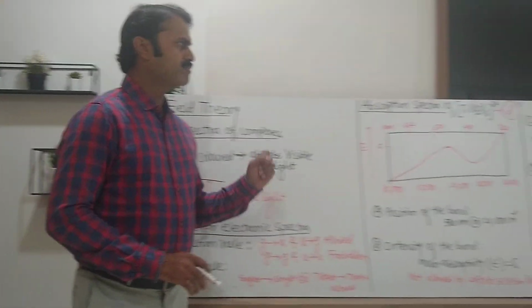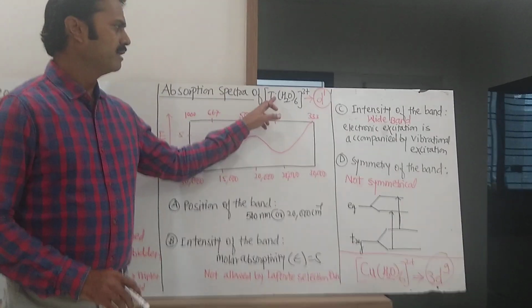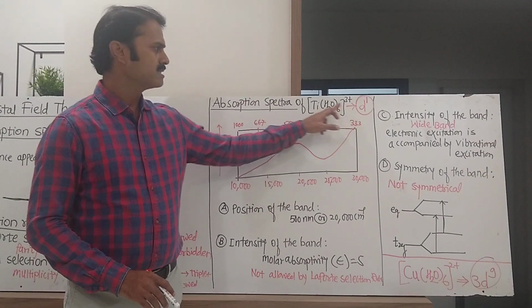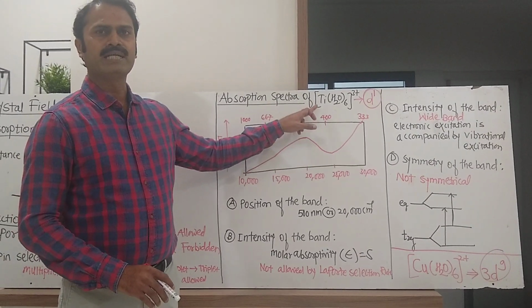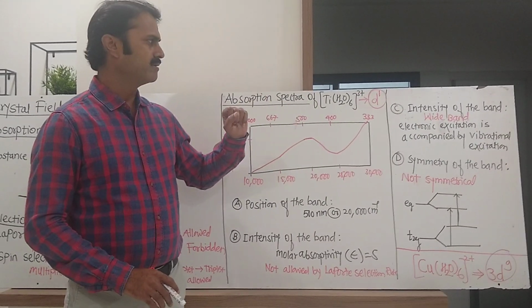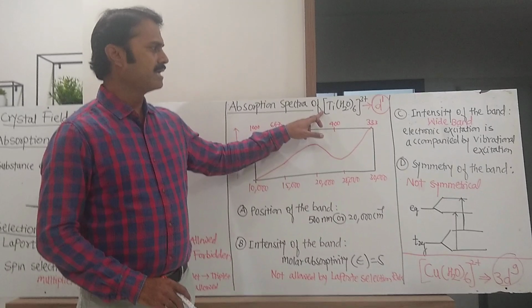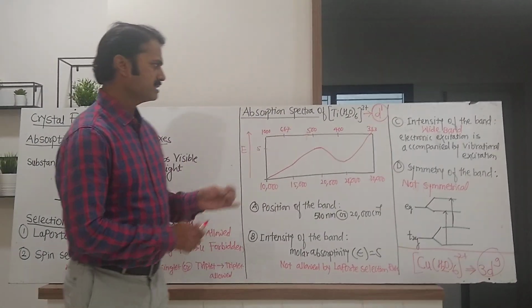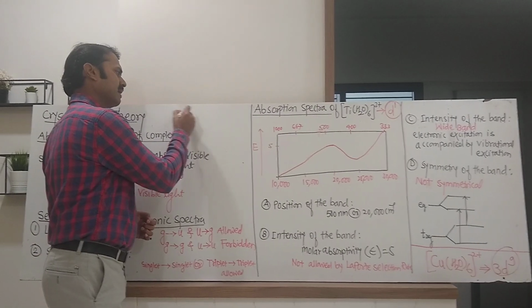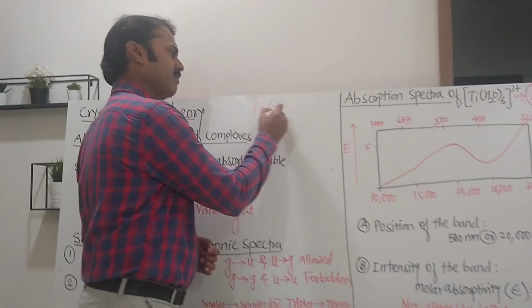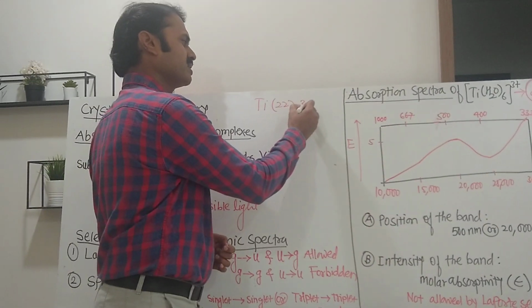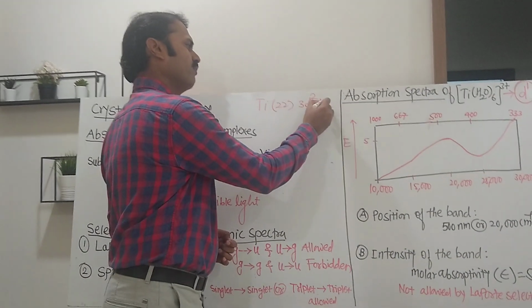So let us see the absorption spectra of [Ti(H2O)6]3+. This is the hexaaquatitanium(III) complex ion. This complex ion is an example of a d1 system because the atomic number of titanium is 22 and its outermost configuration is 3d2 4s2.